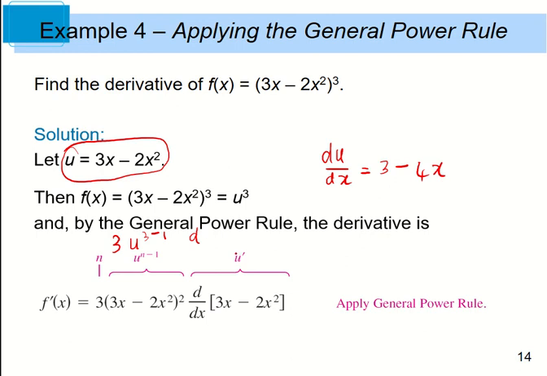According to the formula, we differentiate u to the power of 3, and we multiply by the differentiation of u. So you can see here, we have 3, we change the u back to the function of x, and the du dx is this one, 3 minus 4x, and this is the answer. This method is called the chain rule.